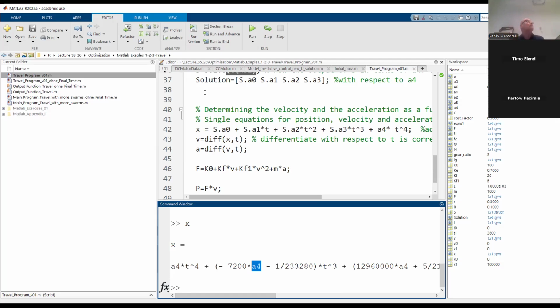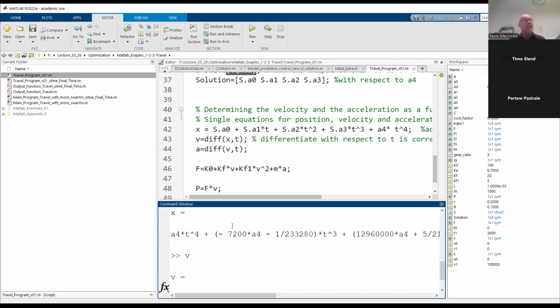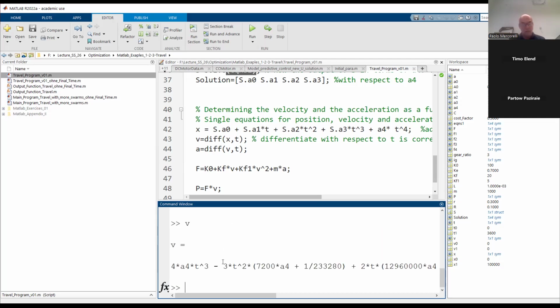With respect to the time, no? Because the velocity is the derivative of the position with respect to the time. Also the acceleration, in this case, is the derivative of the velocity. This means what is v? Basically, it's the derivative of this expression, which the computer helps us to calculate. And a is the derivative of this expression here.